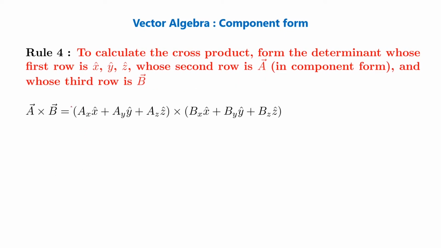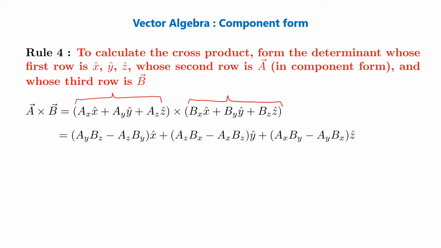Now, using these identities, we can show that vector A cross vector B is the cross product of the corresponding components, and then when we expand, we have (ay bz minus az by) times x hat plus (az bx minus ax bz) times y hat plus (ax by minus ay bx) times z hat.